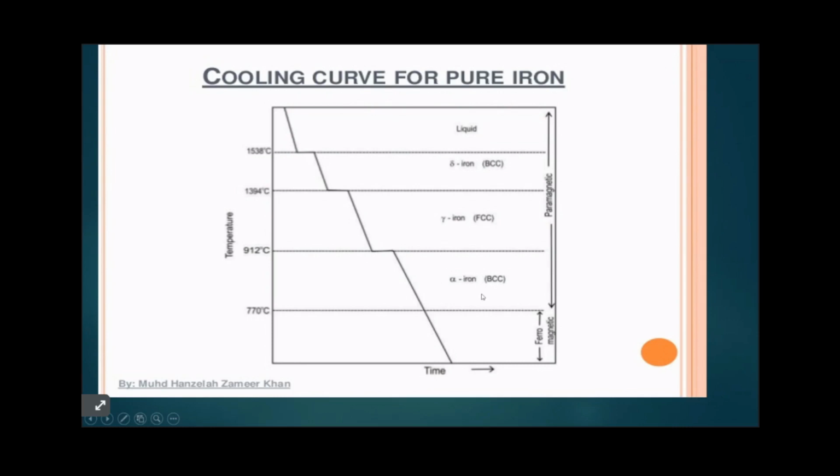The alpha iron is in the form of a body-centered cubic structure. So when we heat the steel up to 1600 degrees Celsius and cool slowly, the steel or cast iron will get different microstructures. That is the basic concept of the iron-carbon equilibrium diagram.